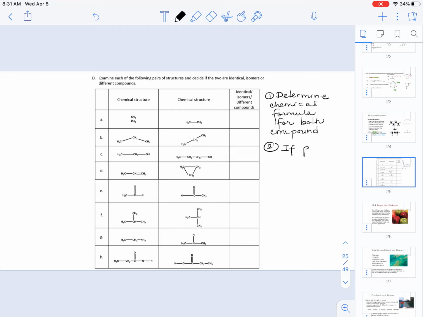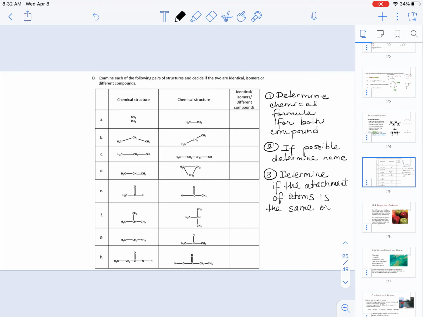If possible, determine name. If you cannot determine name, then determine if the attachment of atoms is the same or different.